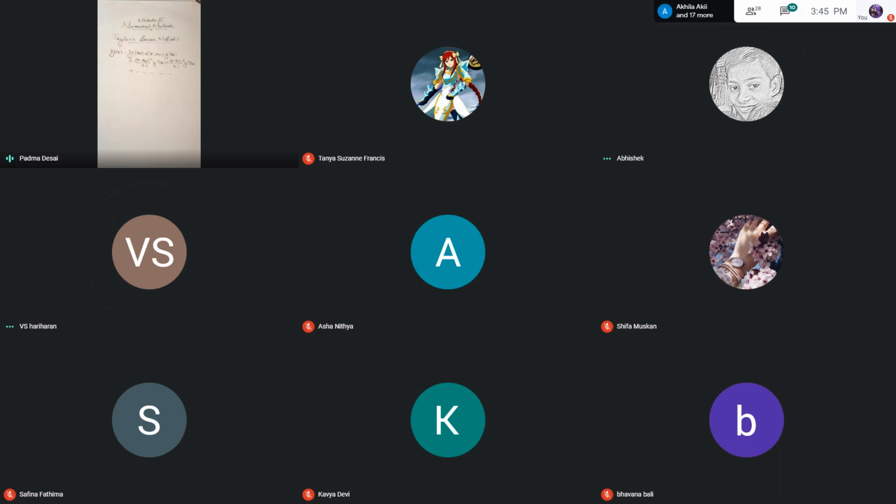Better. Fine. See, look at the board now. This expansion, whatever I have written here, is called the Taylor series expansion of a function y of x. That is, in general, any f of x function in the powers of x minus x naught. This is called a power series. You can see the first term is y of x naught, second term is x minus x naught into y dash of x naught.